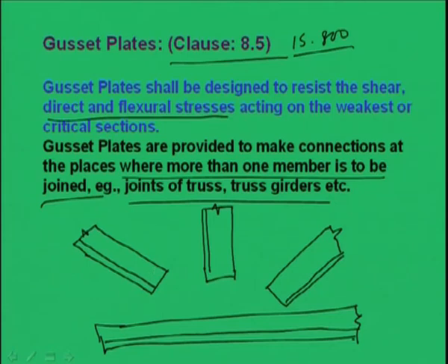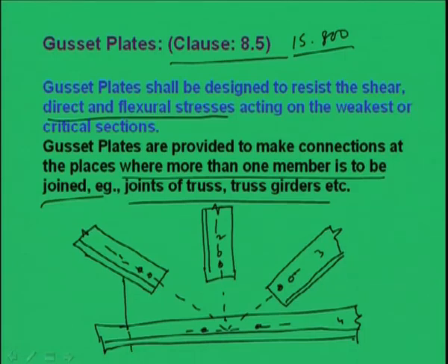Now these truss members, say 1, 2, 3 and 4, are to be joined in this joint. So we have to make the connections in such a way that the CG of the load passes through a particular point. So maybe the rivet line will be like this.